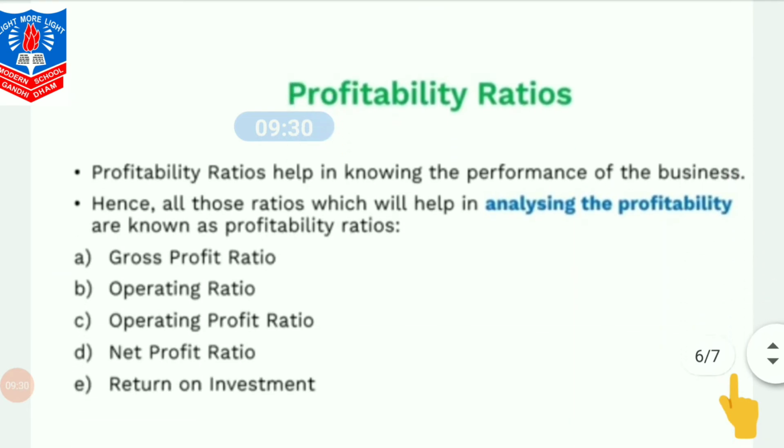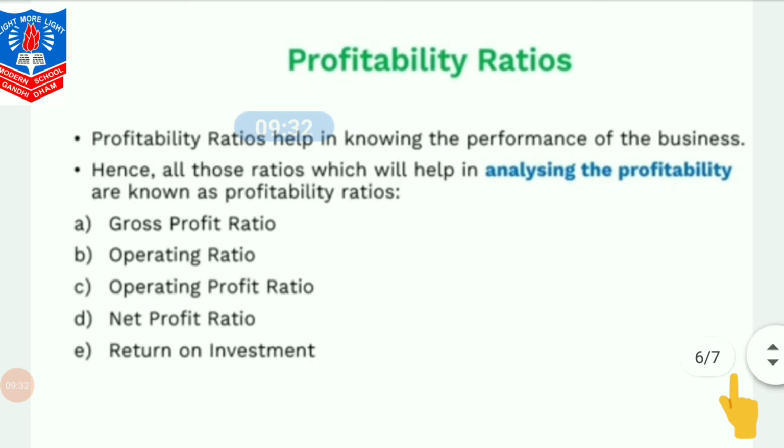Let us first get an idea about these ratios, then we will go to the practical part of it. First we will understand them theoretically, then practice practically. So first in the category comes the profitability ratios. The name itself suggests that profitability ratios help in knowing the performance of the business.